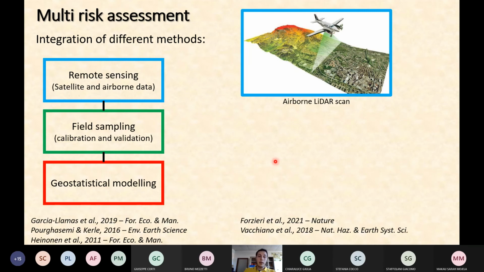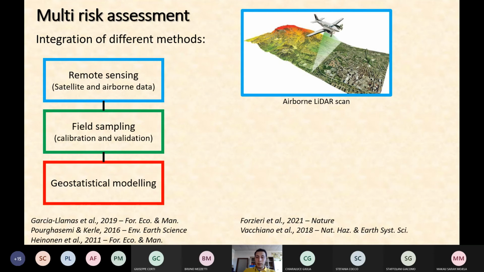We can do an assessment of the risk with an integration of different methods, such as remote sensing, satellite and airborne lidar images, or for example aerial photos, which are an essential tool to study the risk.